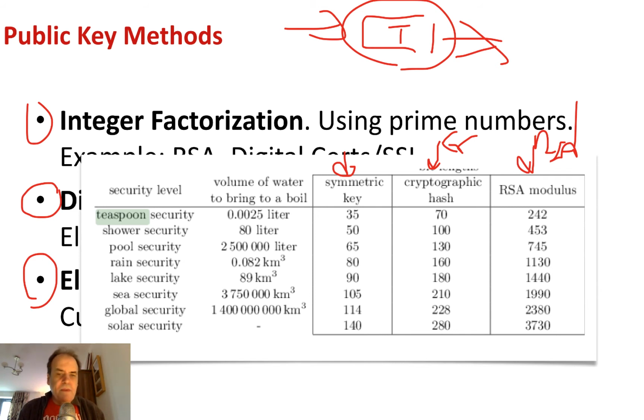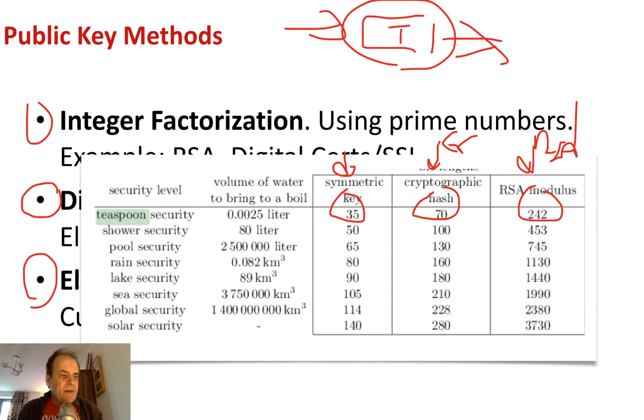So it takes the energy to boil a teaspoon for 35 bits. Okay, so it's obviously not very secure. For elliptic curve 70 and 242-bit RSA, you only need the energy for a teaspoon of water to boil to be able to crack those ones.